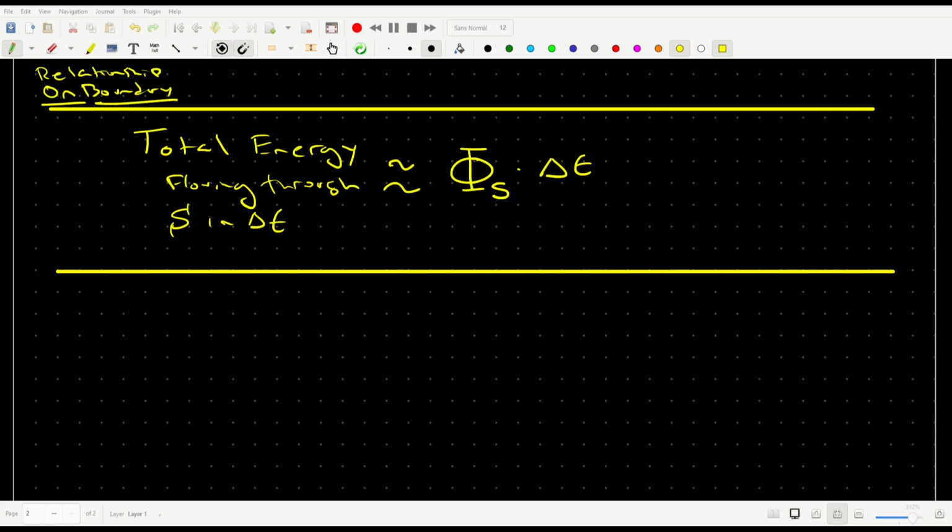Because if heat flows out of the boundary through this surface S, then we also have to think of what's going on inside the boundary.